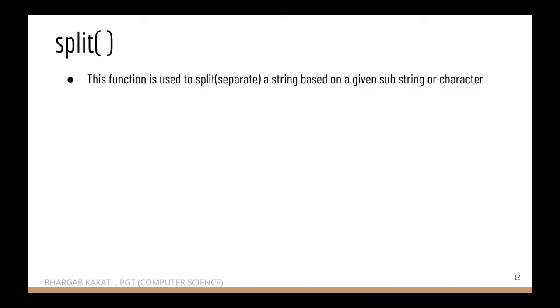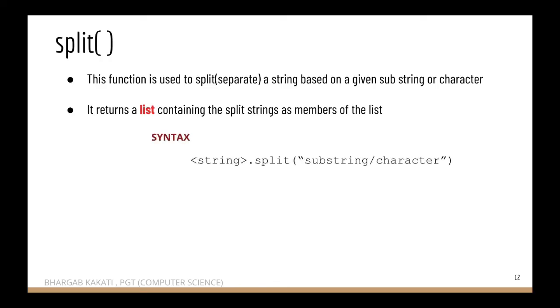So it will split an entire string based on the character or the group of characters that you want to separate it with. It will be clear with examples. It returns a list containing the split strings as members of the list. In the previous function, it returned a tuple, but in this function it will return a list. The syntax goes as follows.